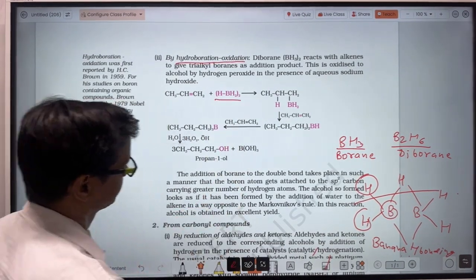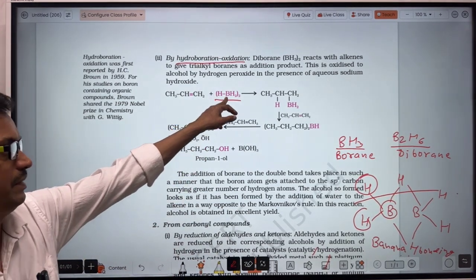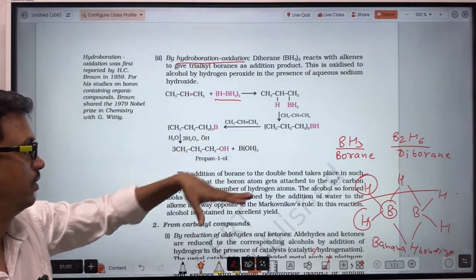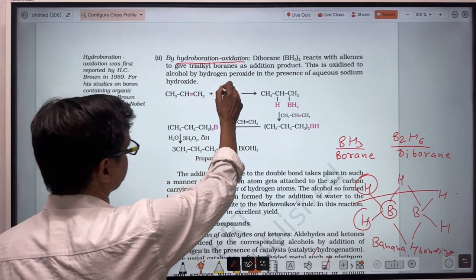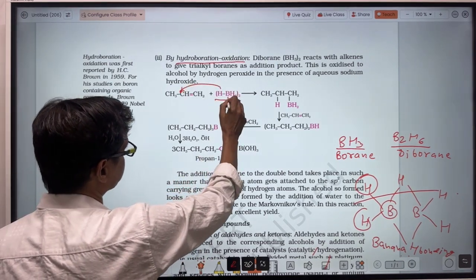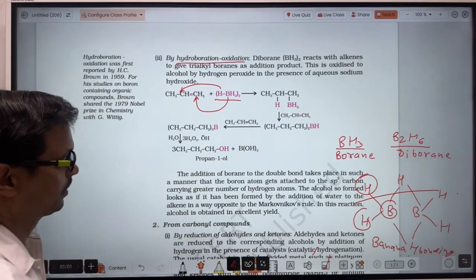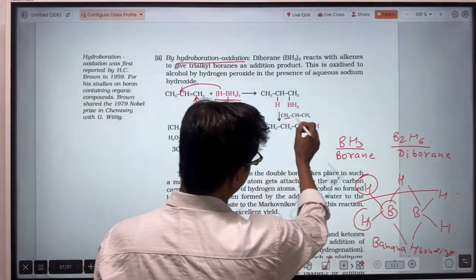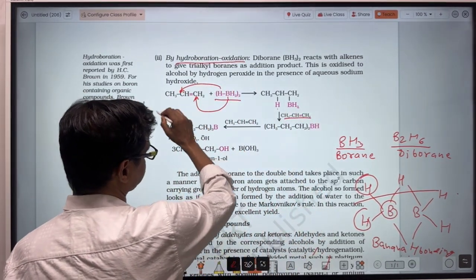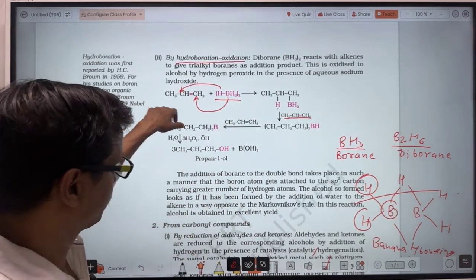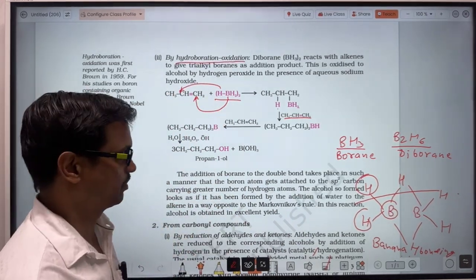Here it is B2H6, that is here, so actually BH3, that's double. What happened here? The hydrogen goes to this carbon and this BH2 goes to this carbon. So here hydrogen, BH2. Now again other alkene molecules, there will be a number of alkenes which will react with diborane.